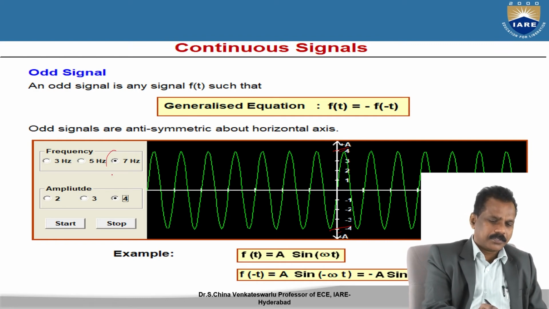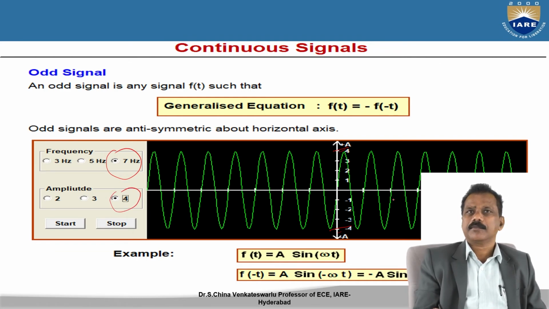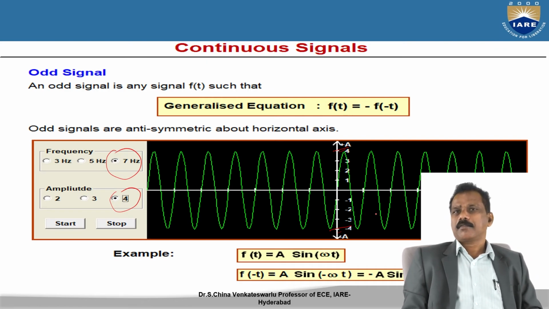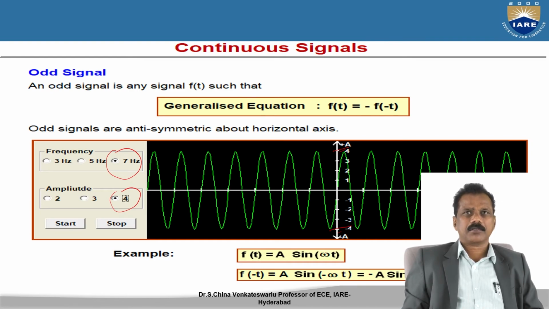So the odd signal varies, the continuous time odd signal varies according to f of t is equal to minus f of minus t. Like this, in a real-time aspect, we will try to verify all these continuous time signals, either odd or even.